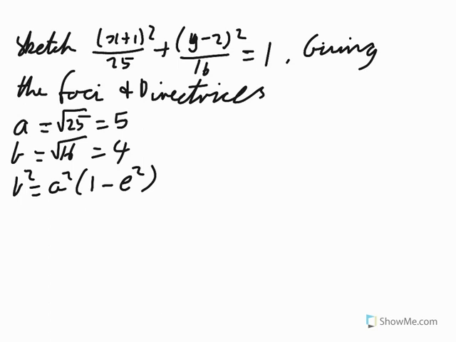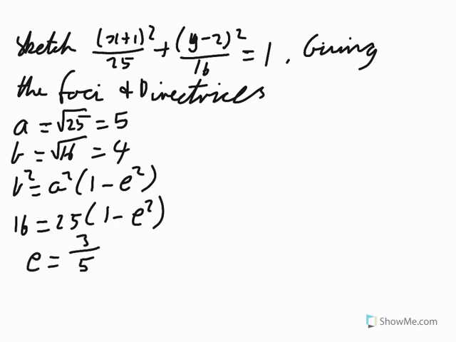So if we put that in, b squared is 16, a squared is 25, 1 minus e squared. Okay, divide by 25, rearrange, etc., and we get that the eccentricity here will be 3/5.